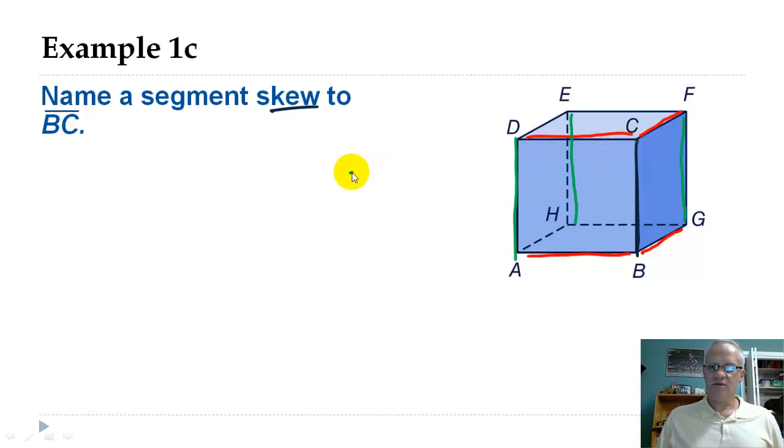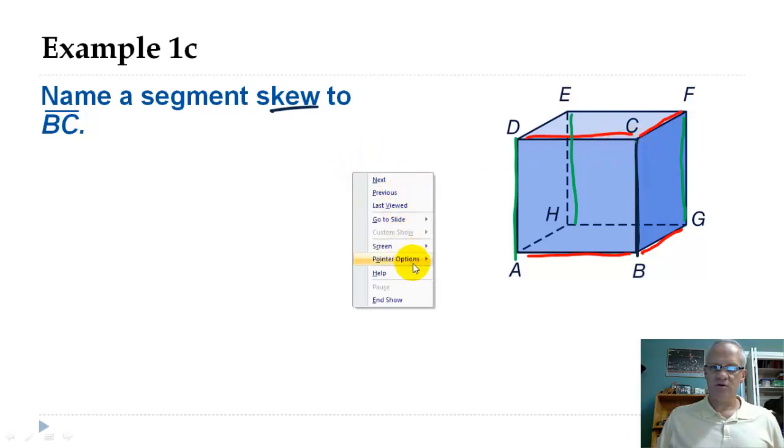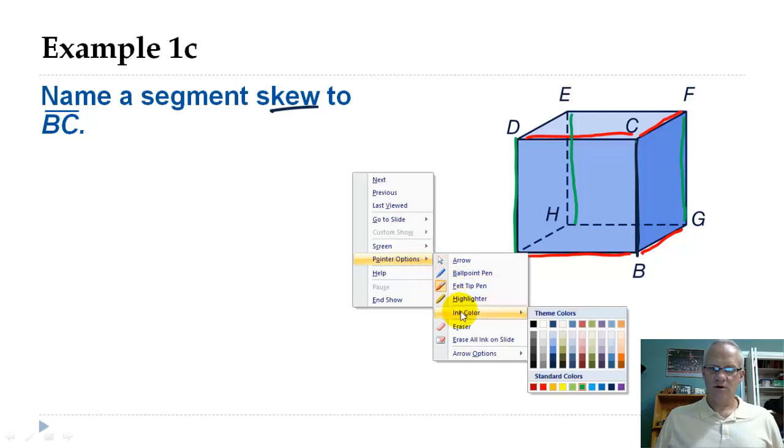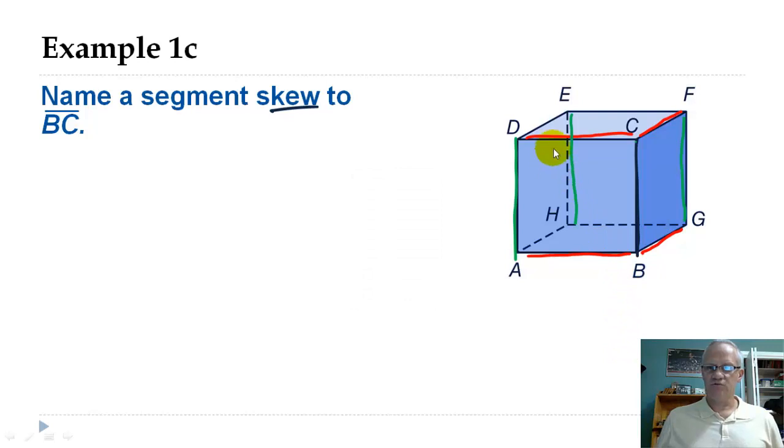Let's look then, I'll change it to one more color here. How about orange? I've never used orange before. So on this, what's left should be the lines that are skew. What have we not used? We have not used DE. If you look, DE is in a plane going this way.